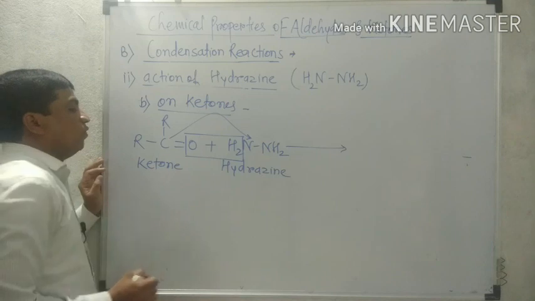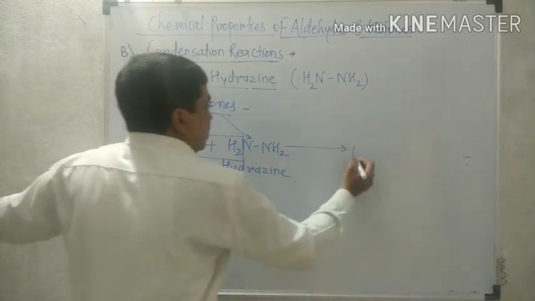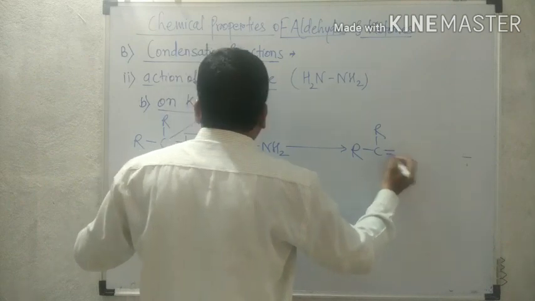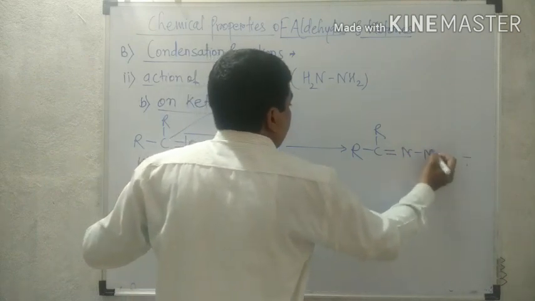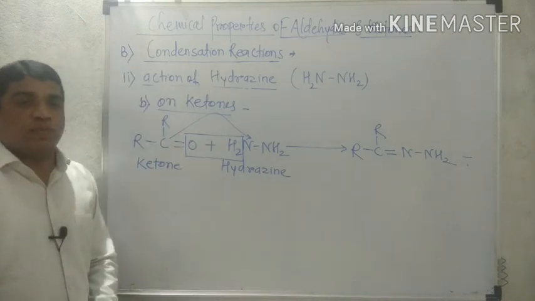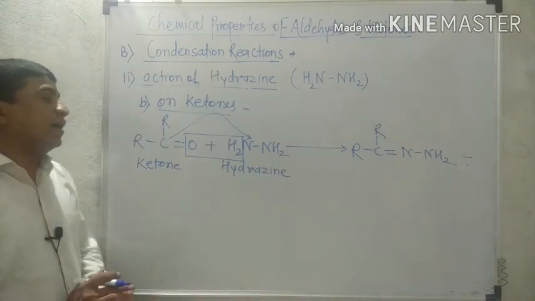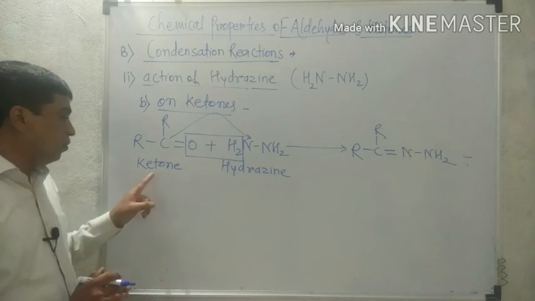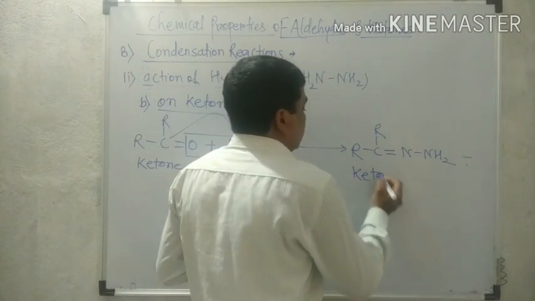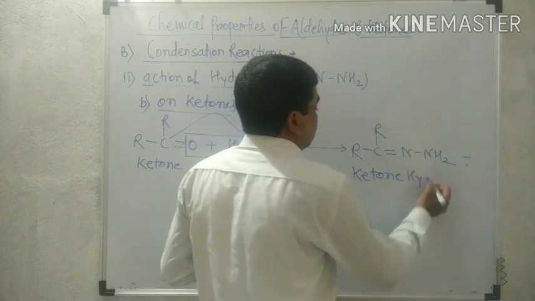The double bond forms with nitrogen, so here we get R2C=N-NH2. Therefore, it is also a hydrazone, but this time a hydrazone formed by a ketone, so it is called ketone hydrazone.